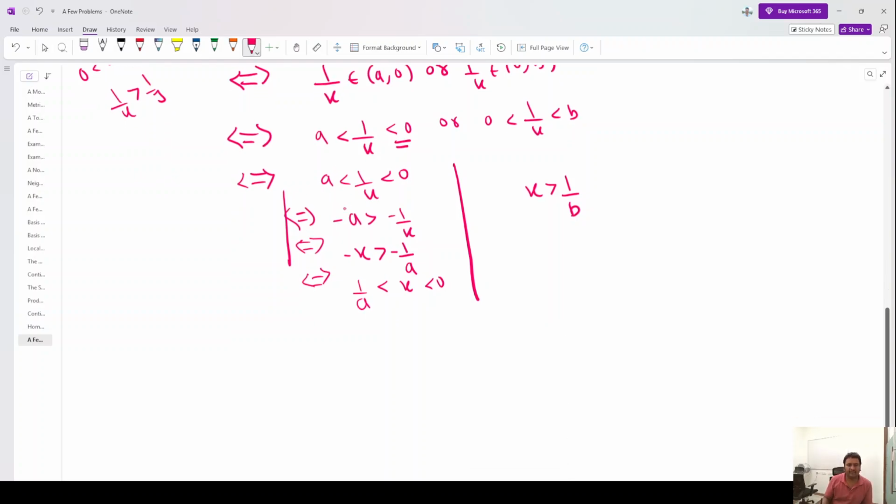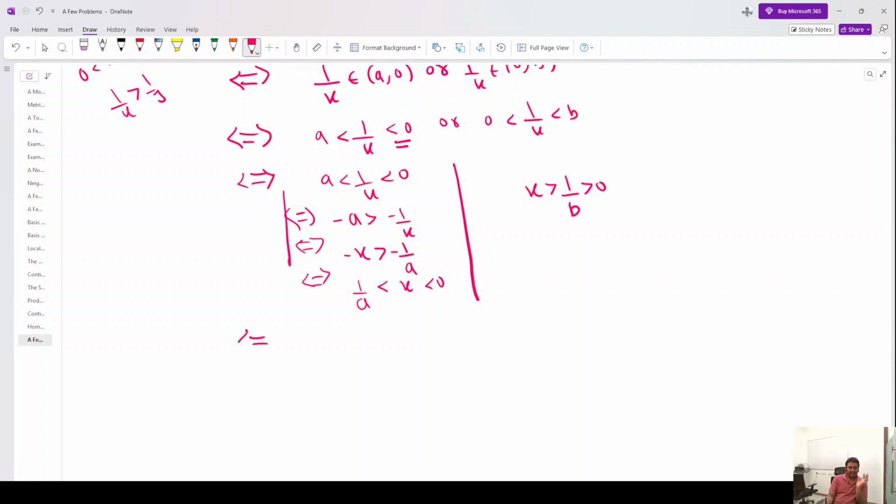So what we have done is just multiply with minus, so the sign reverses. Then we take the reciprocal, so this should come here and this should go there. And when we again multiply with minus, something like that. So if there is a mistake, you can figure it out. And b is bigger than 0, so this is bigger than 0, right?